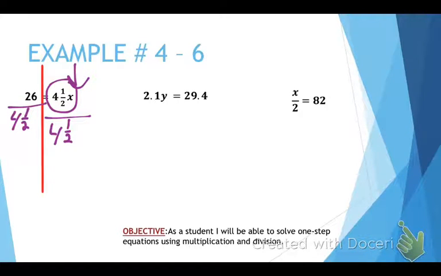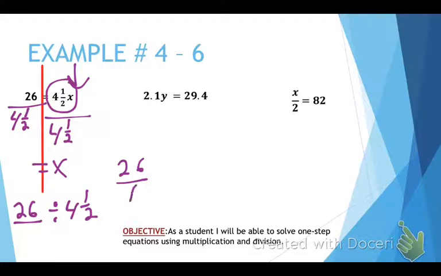So this is where they get difficult and the reason why you need to show everything. We're going to go ahead and down at the bottom we have 26. Remember, you must follow the order. 26 divided by 4 1/2. What do we do when we divide fractions? Well, first of all, this becomes 26 over 1 divided by 9 over 2. Then we keep, change, and flip.